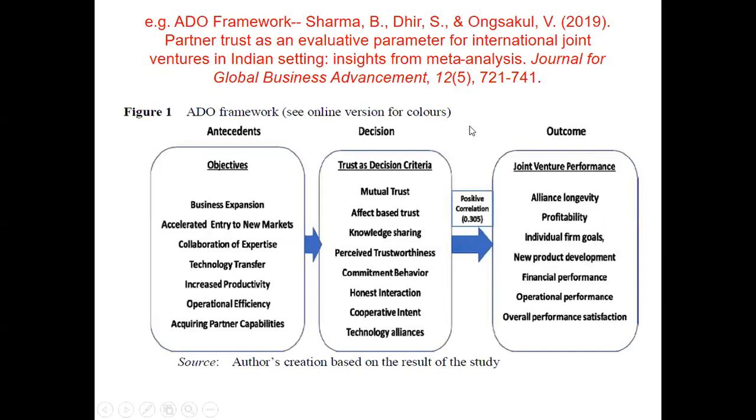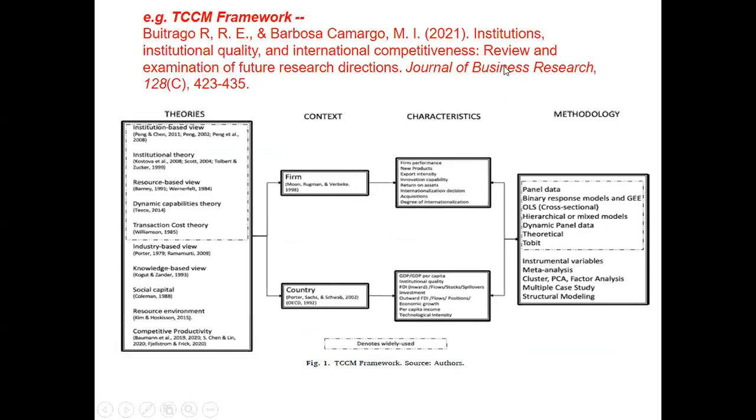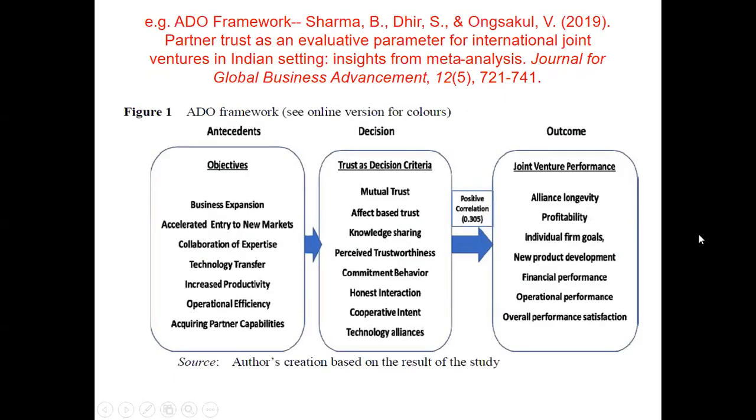For example, you read this article here, in which you have the application of the ADO, in which through the review of the various literatures within that domain, the authors were able to glean the following objectives, for example, business expansion, accelerated entry to new markets, collaboration of expertise, technology transfer, increased productivity, etc. Then these were the decisions.